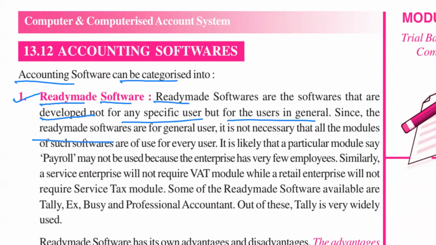Since ready-made softwares are for general users, it is not necessary that all the modules of such software are of use for every user. It is likely that a particular module, say payroll, may not be used because the enterprise has very few employees.